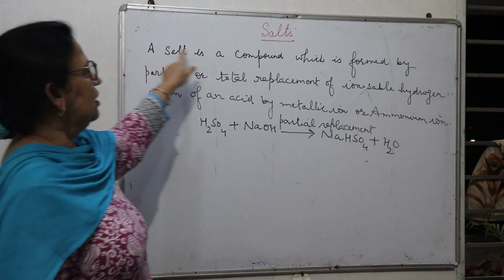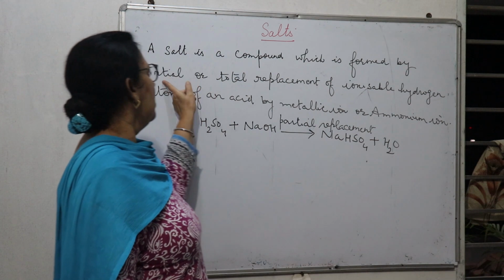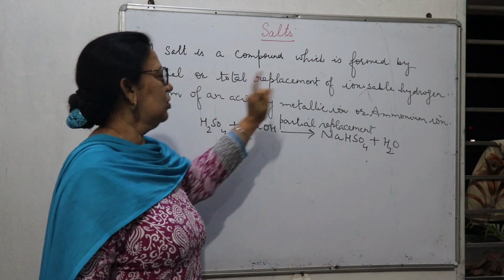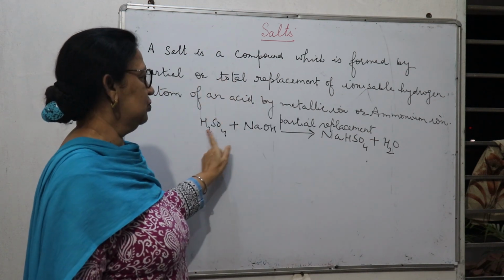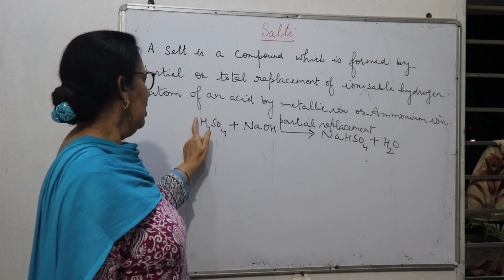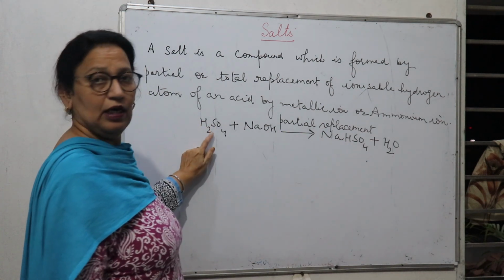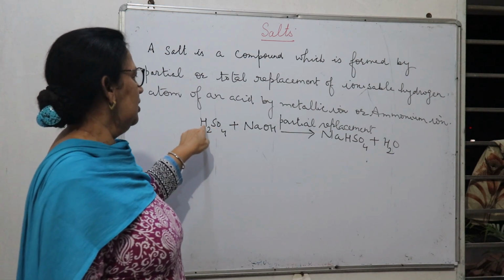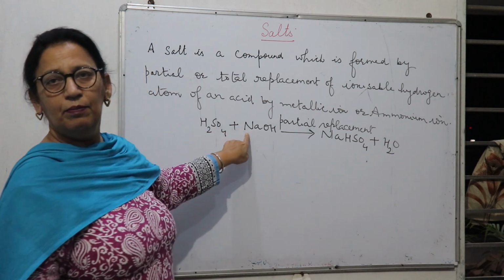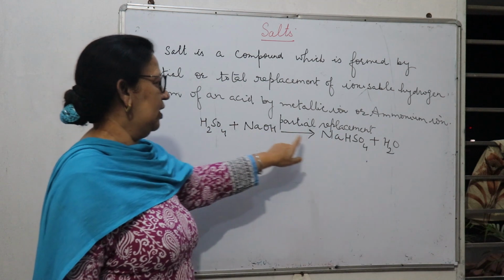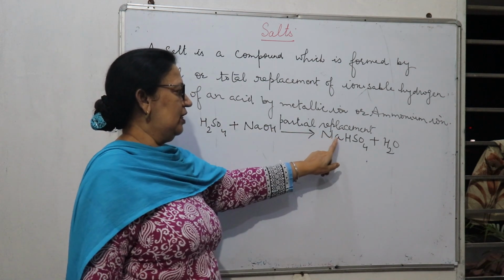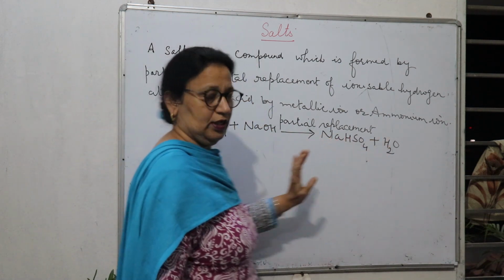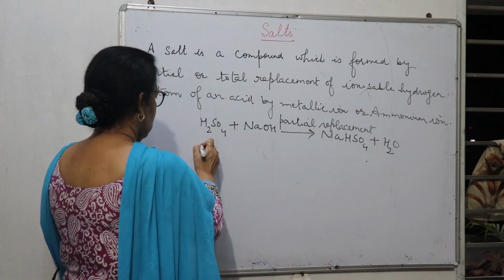So salt is a compound which is formed by partial or total replacement. Here I have shown you partial replacement, as two hydrogen are there in the acid, but one hydrogen is replaced by metallic ion, that is sodium ion, and the salt formed is NaHSO4 plus water.